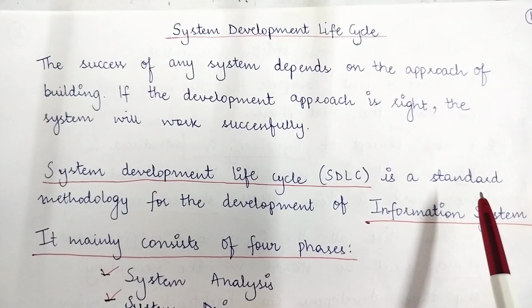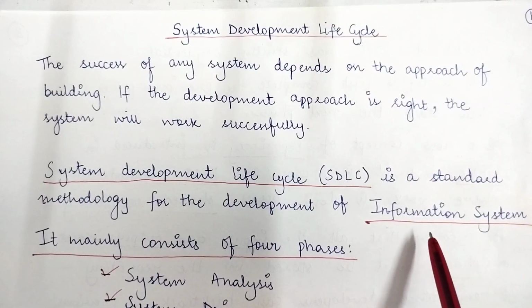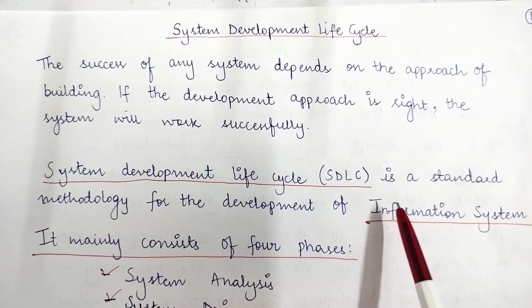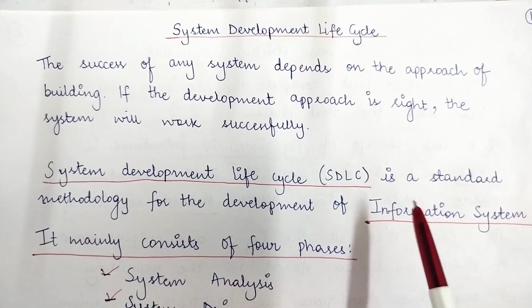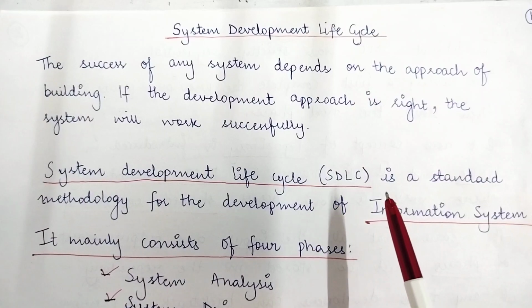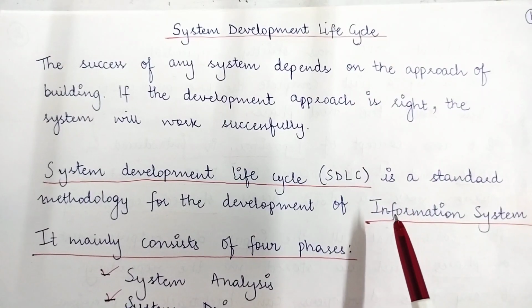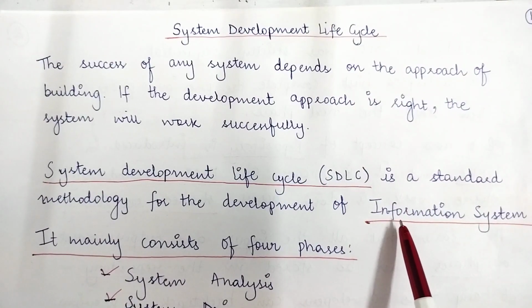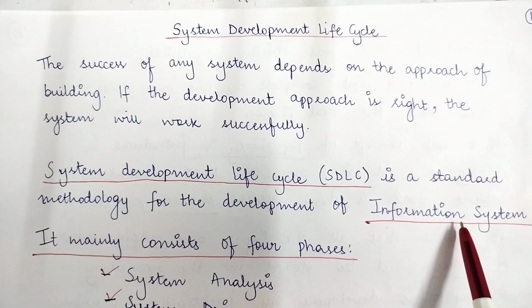It's a standard methodology that is used throughout the world for the development of information systems. So whenever you have to develop an information system, SDLC is referred to so that you can know what should be the phases of development of a system, basically the information system.